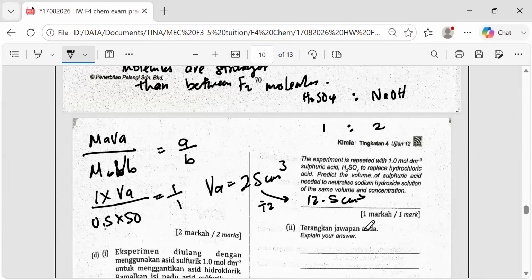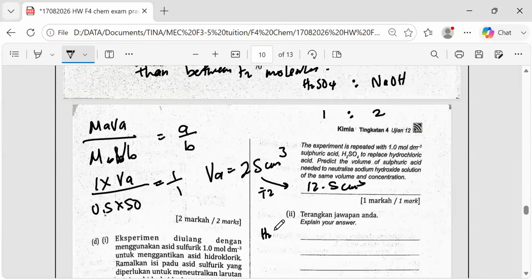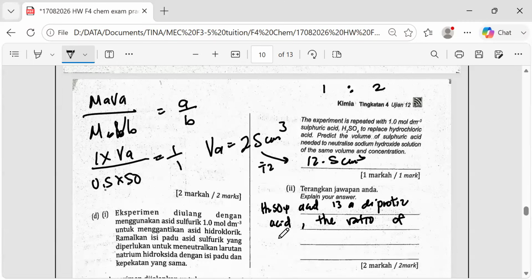Okay, explain your answer. So sulfuric acid is a diprotic acid. The ratio of moles of sulfuric acid to sodium hydroxide is 1 to 2.